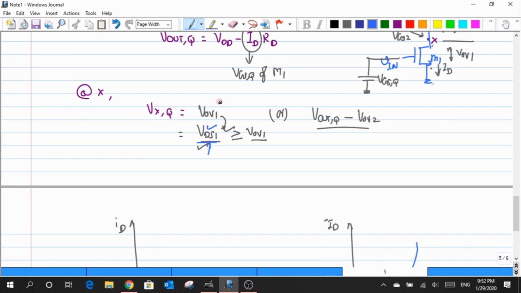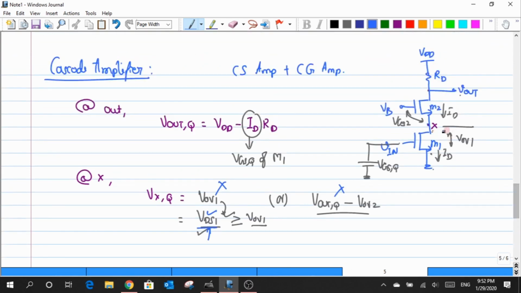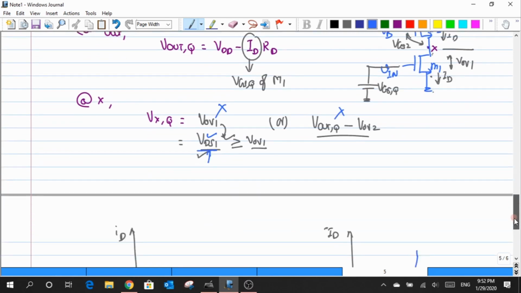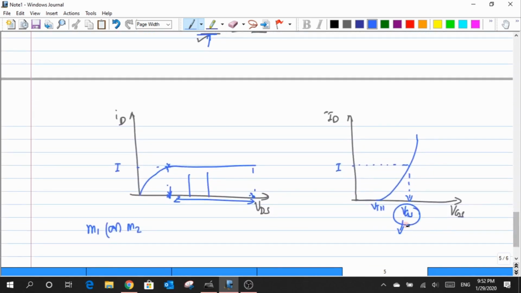So I cannot use this expression to define my Q point at node X. What I can use to define my Q point is one single particular value that defines the current through the device, not the range.